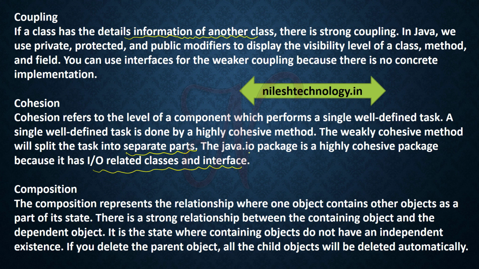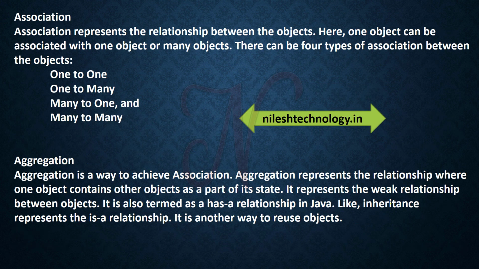Next, composition. It represents the relationship where one object contains another object as a part of its state. If you define one object as a member of another object, then this concept is called composition. Next, association. This is the relationship between two objects, like one to one, one to many, many to one, many to many.